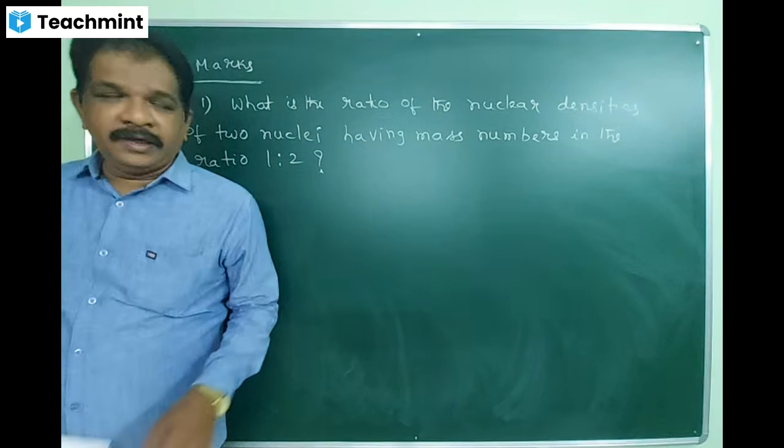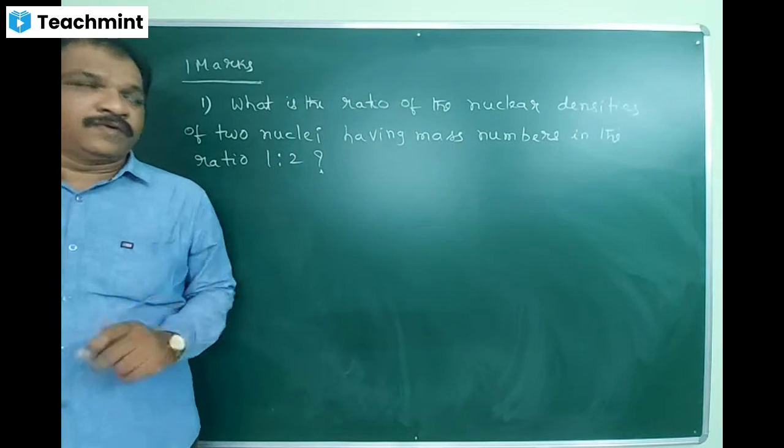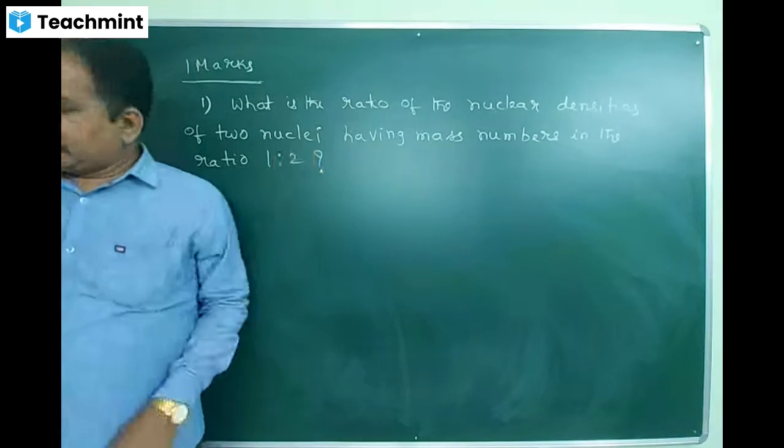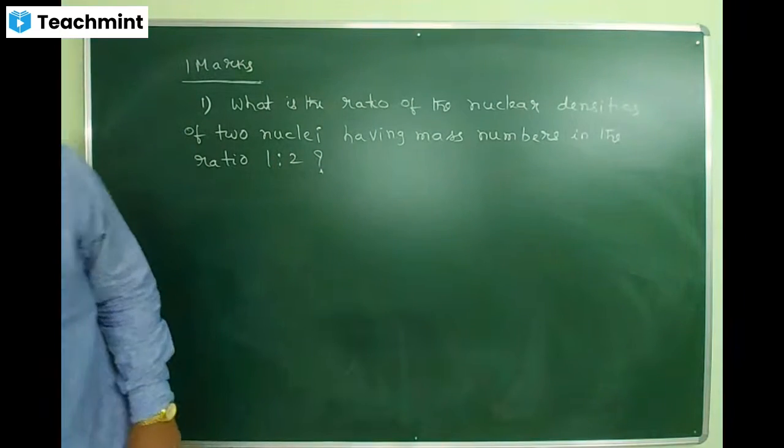Two nuclei's mass numbers are in the ratio 1:2. What is the ratio of nuclear densities?